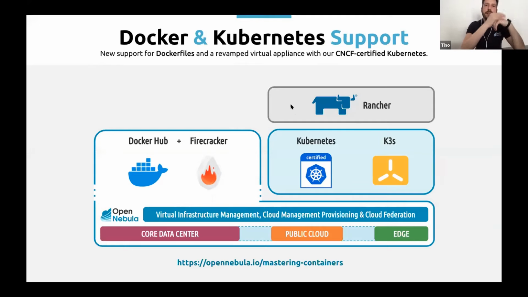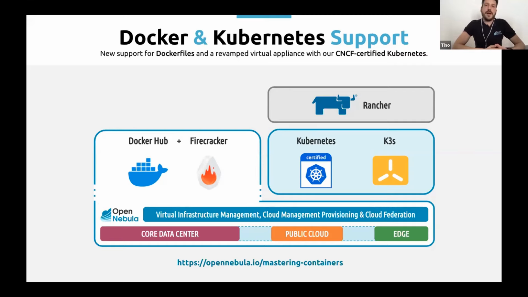Okay, so regarding application containers, you don't really need a Kubernetes cluster to run your container workloads on OpenNebula. You can rely on the integrations that we have with Docker Hub and the ability to run these containers in Firecracker micro VMs, which doesn't really have any performance penalty, but offers increased security for your workload.